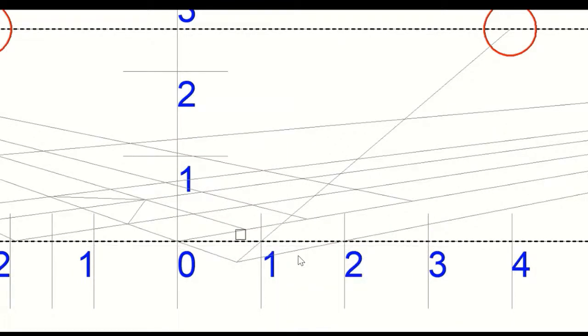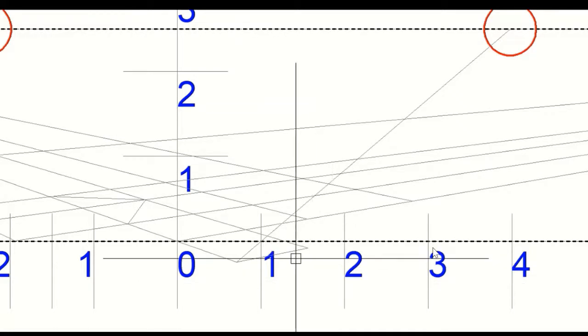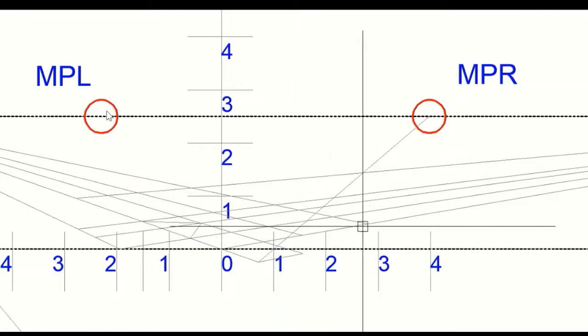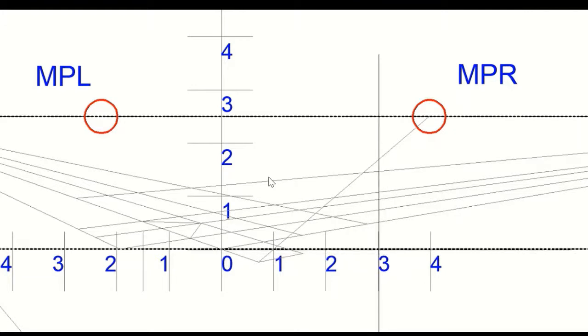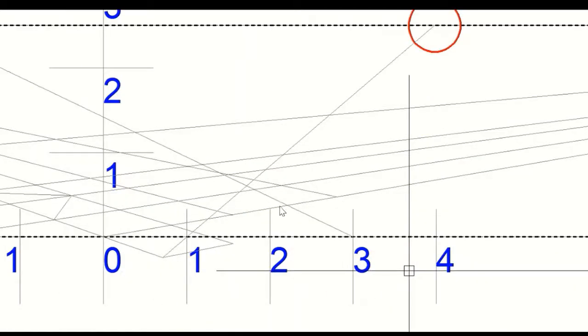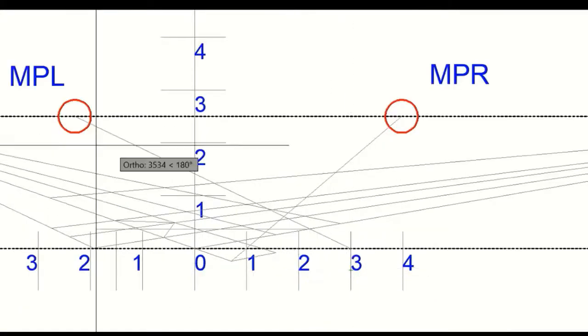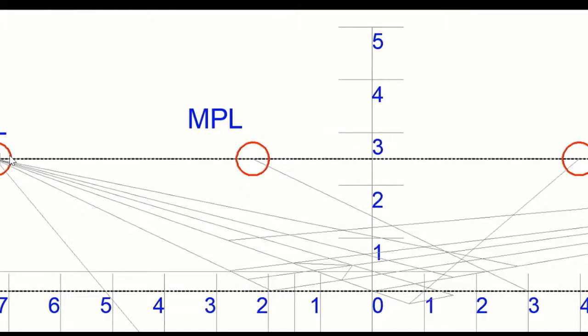I will join this point, then from here it is 2 meter, then this to this measuring point, wherever it meets, join this point to the vanishing point, this vanishing point.